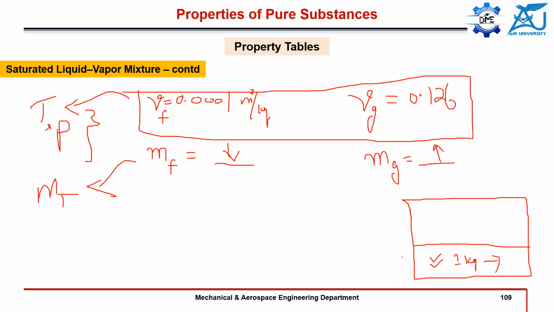Now after evaporation, this is 1 kg of steam. So when it was total liquid water, X was 0. After complete evaporation, complete boiling of saturated vapor, X is 1.